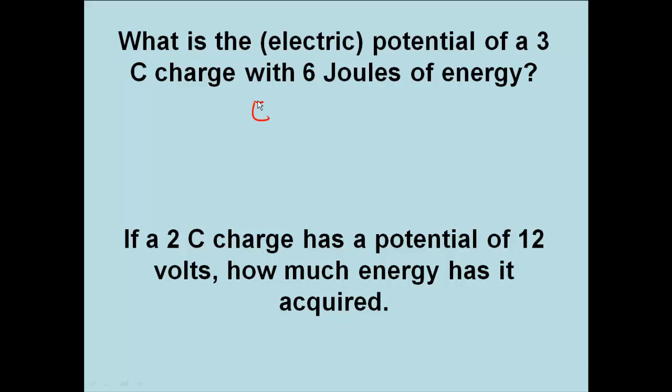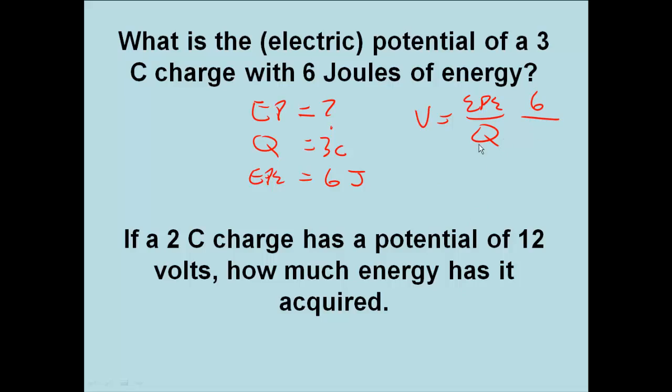So what is the electric potential if we have a 3 Coulomb charge, that's Q, and 6 joules of energy? That's the potential energy. Well, we know our formula, V equals EPE over Q, and of course the EPE was 6, the Q was 3, so we have 2 volts of potential.